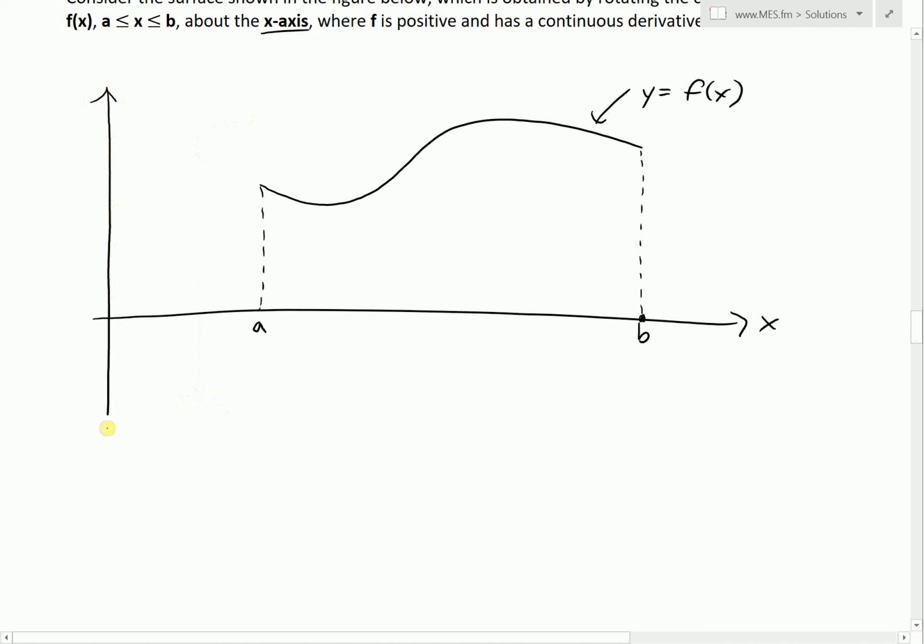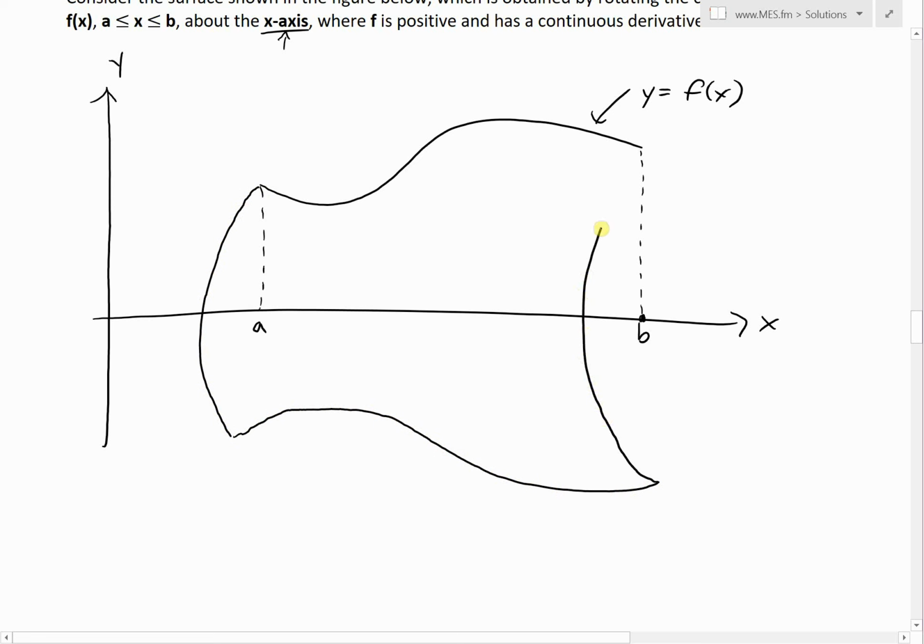And now I'm just going to move this away to get it out of there. So we're going to rotate it about the x-axis right here. When we rotate it, we'll get a curve that looks like this, and then I'll draw an identical copy, and this is rotating it.